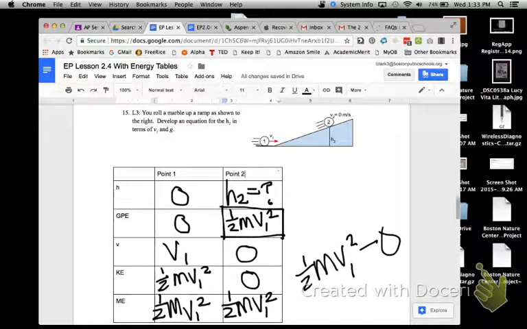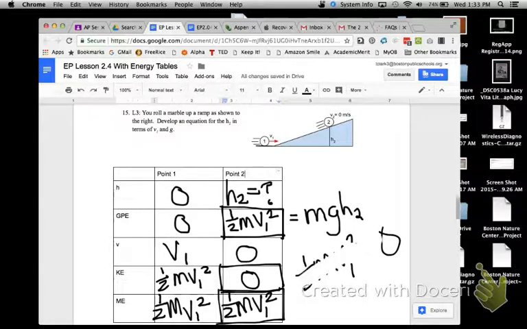So what's in that box that I just highlighted, plus this kinetic energy, should give us our total mechanical energy. So now my GPE is equal to 1/2 mv1 squared, and that is also equal to mgh2, so I'm going to use that to solve for h2.